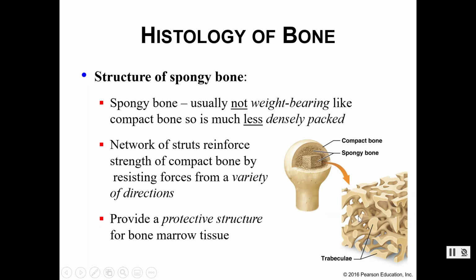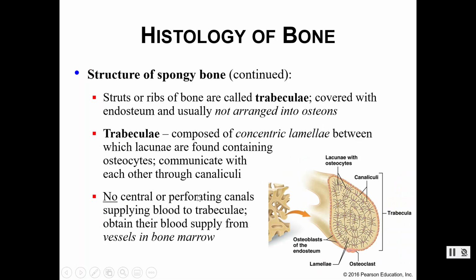They are still bone, so they are still hard. But instead of helping us with the linear forces that we keep mentioning, these help with resisting forces from several different directions. Remember we talked about the idea of moving in 3 dimensions? We need to be protected in all 3 of those dimensions.